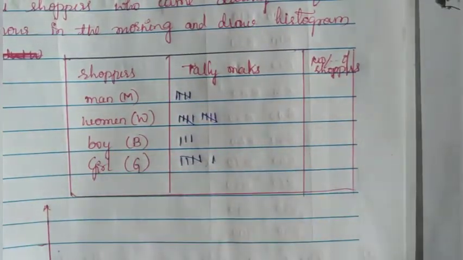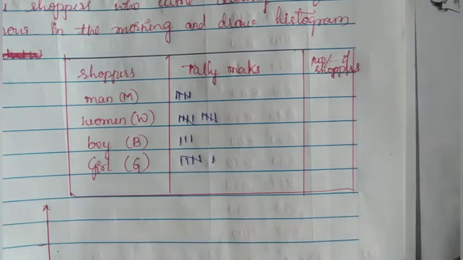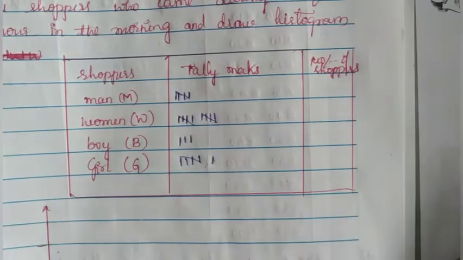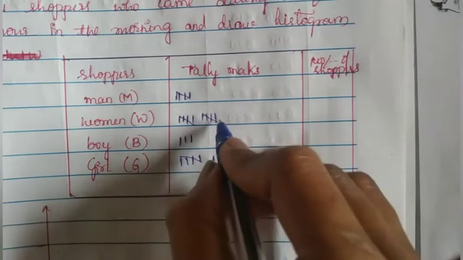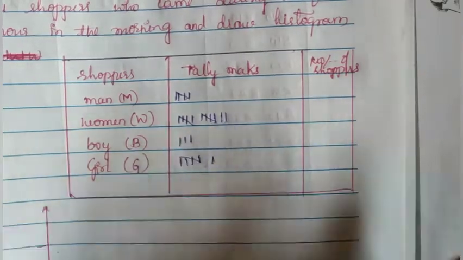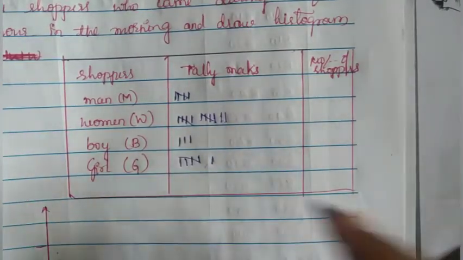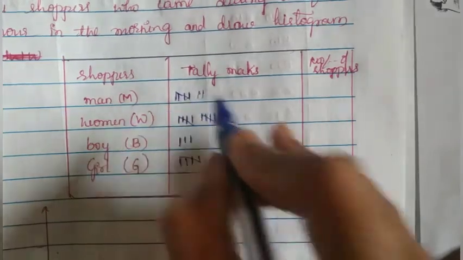Next, how many W's are there? 2 W's are there. Next, how many M are there? 2 M, 1, 2.